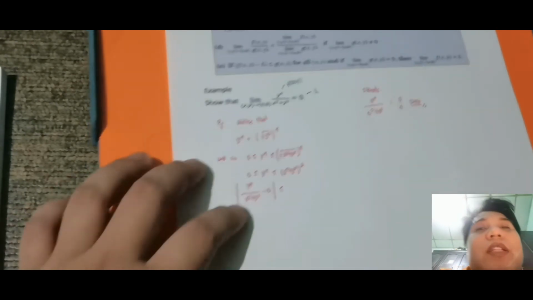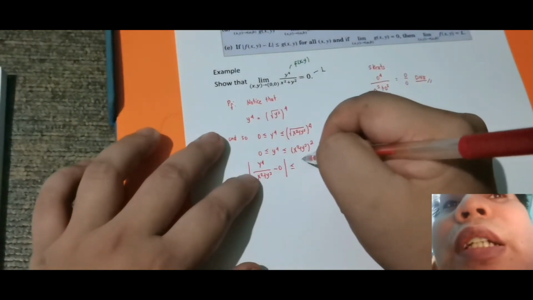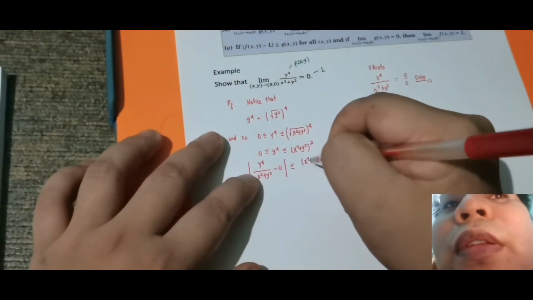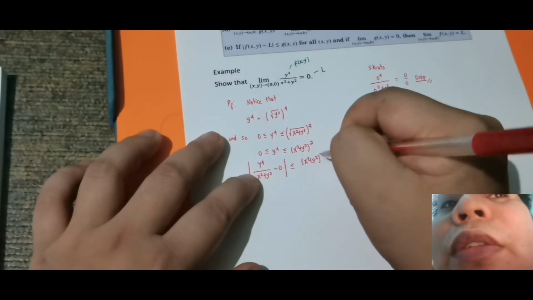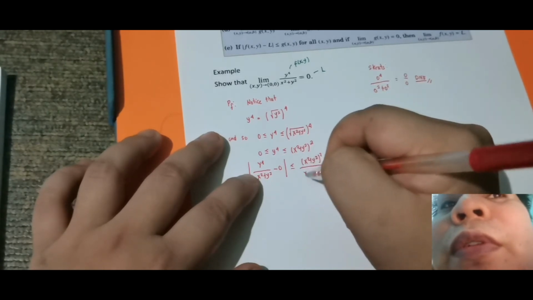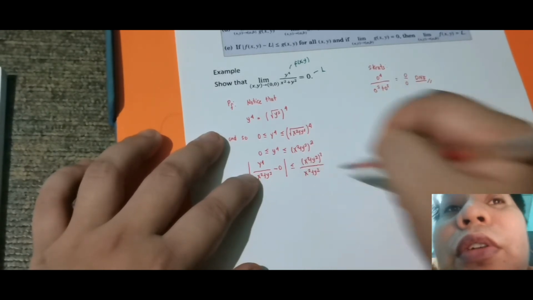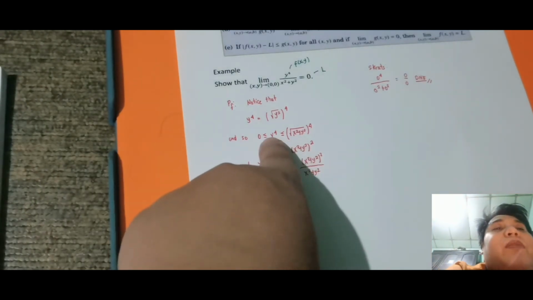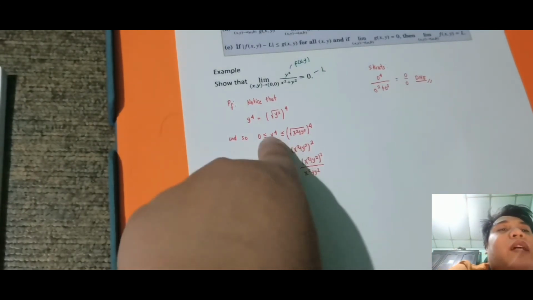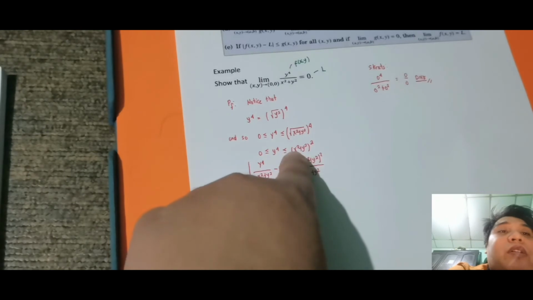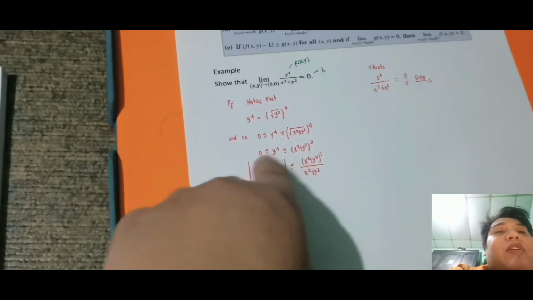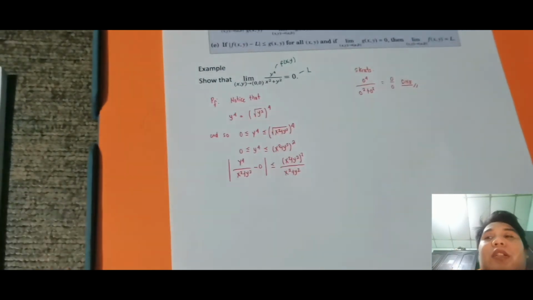Kumbaga, papalitan ko lang yung numerator niya ng x squared plus y squared raised sa 2 all over x squared plus y squared. Sabi ko, si y to the fourth, alam ko na less than or equal siya dito, which is x squared plus y squared raised sa 2. So pinalit ko lang siya para siya yung bagong g of x, y ko.